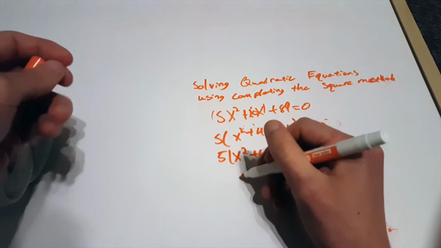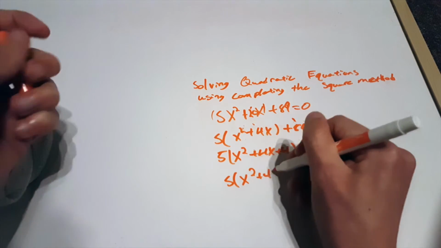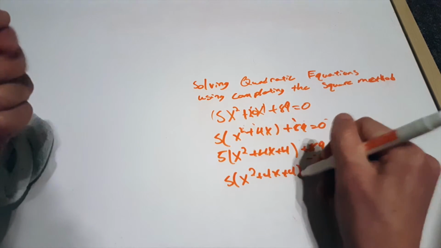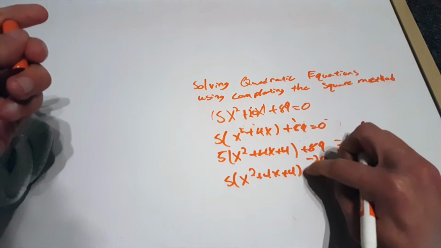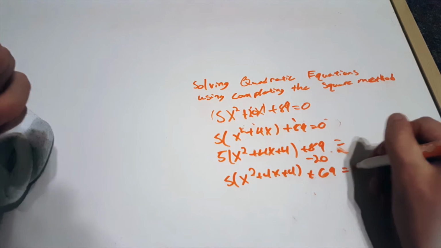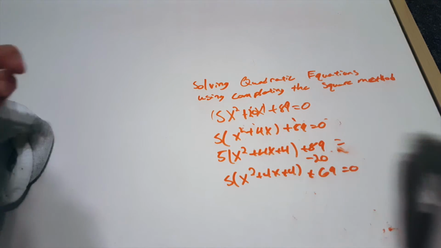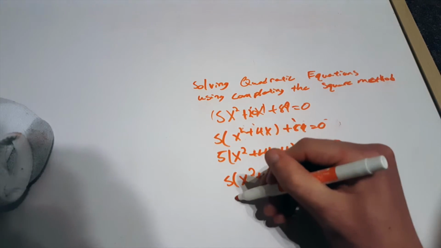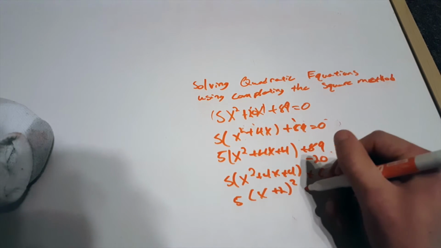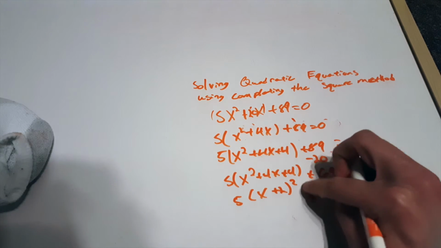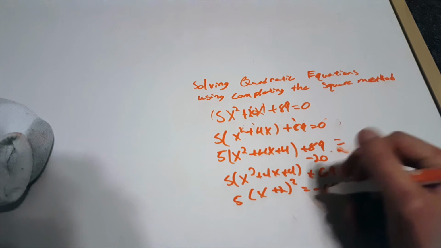So we're left with 5 times x squared plus 4x plus 4 plus 69 equals 0. So now I'll just use basic algebra to solve, move 69 to the other side. The middle part becomes x plus 2 squared equals negative 69 divided by 5.